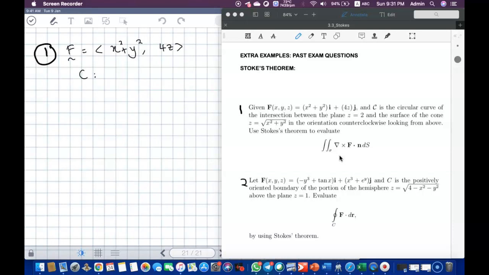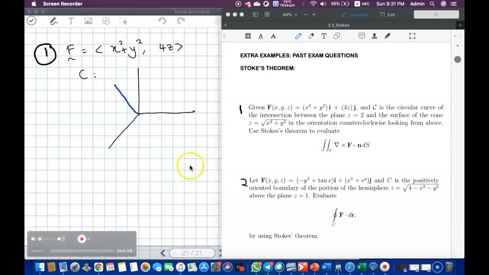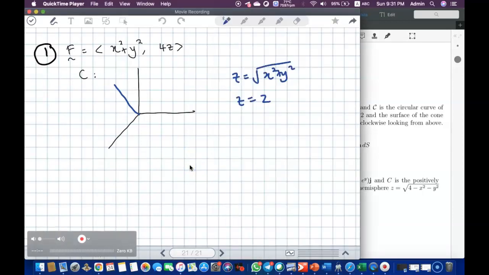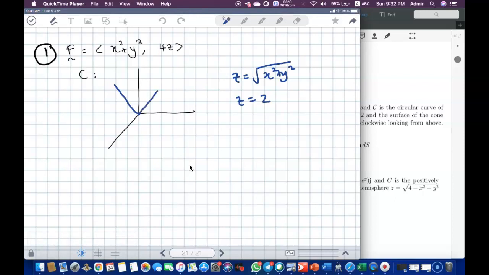The circle is actually the intersection between the cone, which is z equal to square root of x squared plus y squared, and the plane z equal to 2. So this is 2, x and then y.